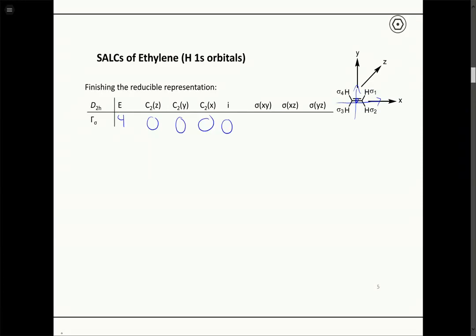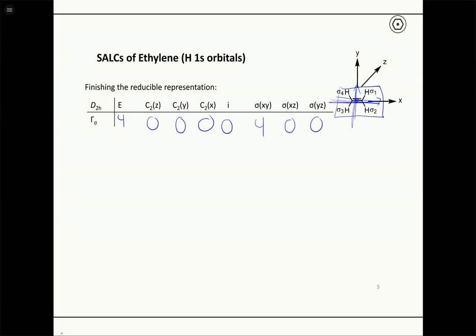The only other operation that has non-zero characters is sigma xy. Sigma xy is the plane of the molecule itself. So once again, all 4 orbitals don't move under that operation. So you get 4, but then for sigma xz and yz, we're going to reflect in these directions, and that's again going to interchange them with each other about those mirror planes.